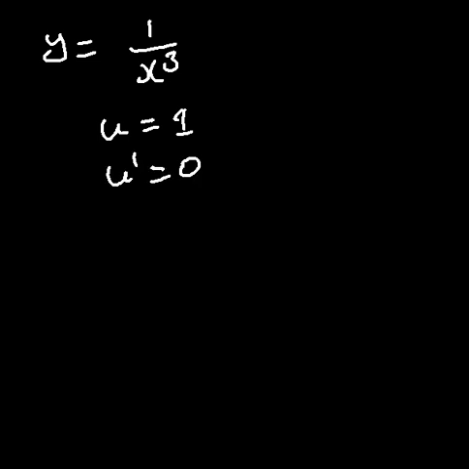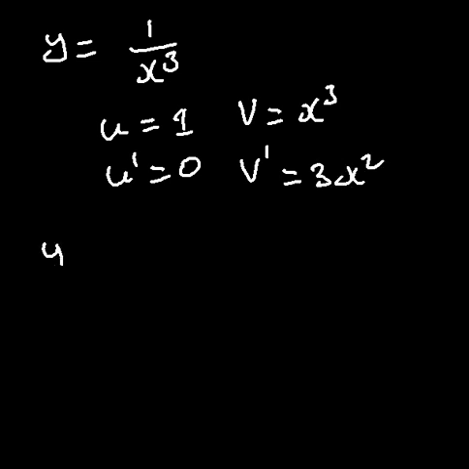And of course, you can also use the quotient rule, where let's say y is equal to 1 over x to the power 3. In this case, the numerator is given as u, and u prime is 0, and the denominator is given as v, that is x to the power 3, and v prime is given as 3x squared.